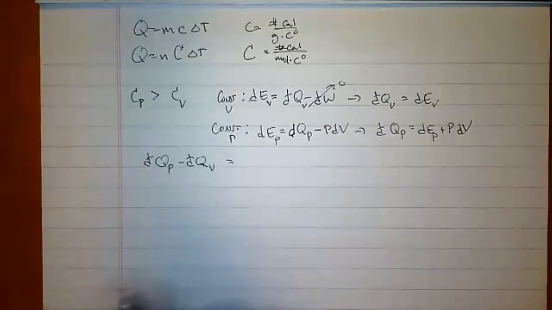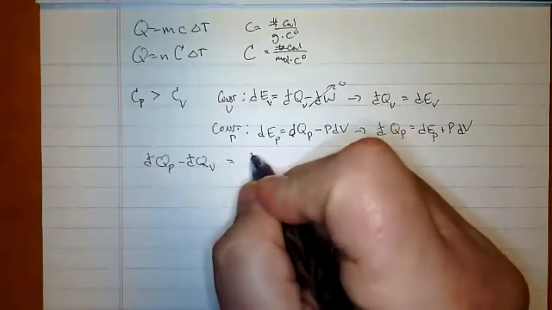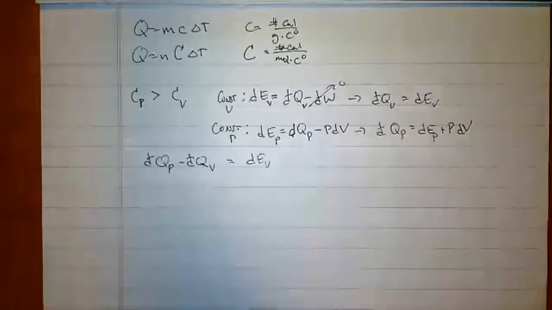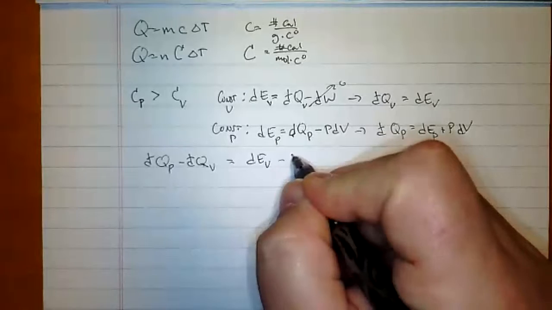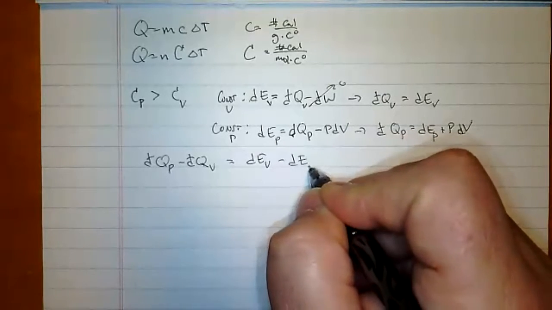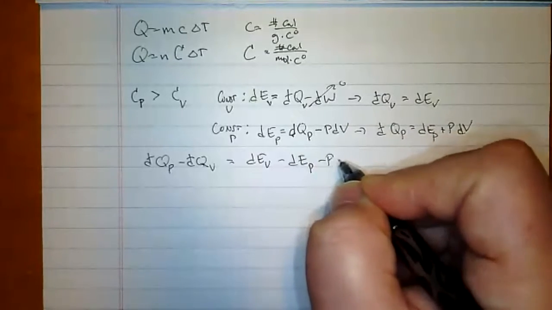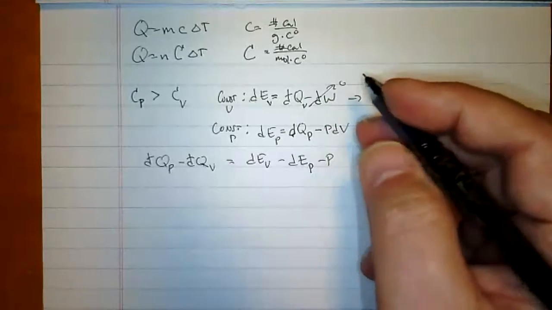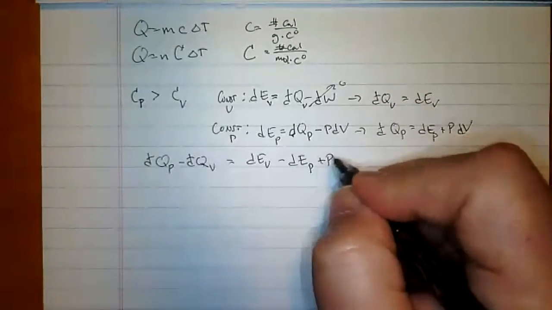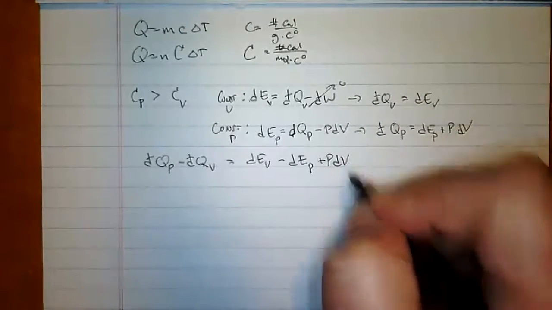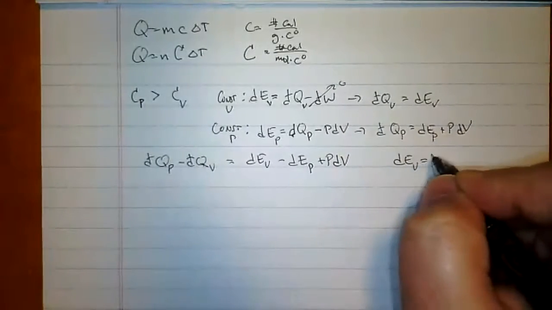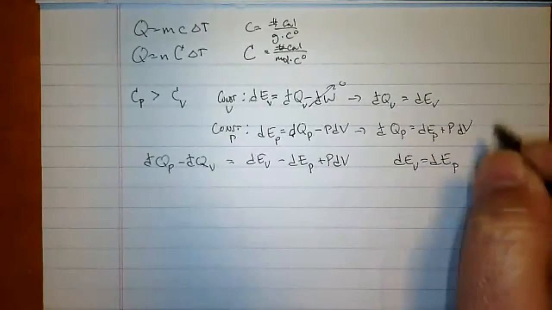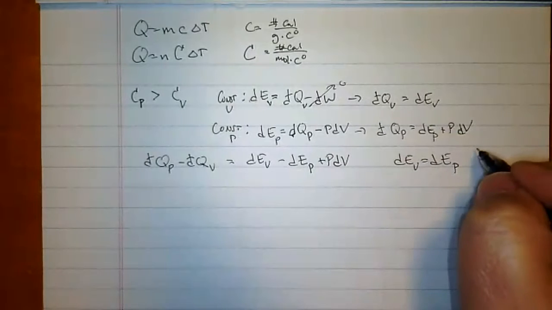When I calculate that, you can see I get dEV, because that's what dQV is, minus dEP minus PdV. It's minus and minus, so it should be plus. Well, the problem is dEV has got to equal dEP if we start and end at the same temperature.